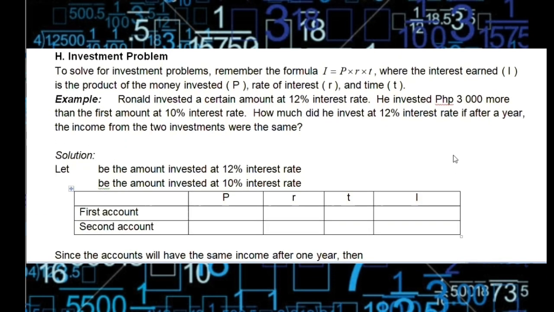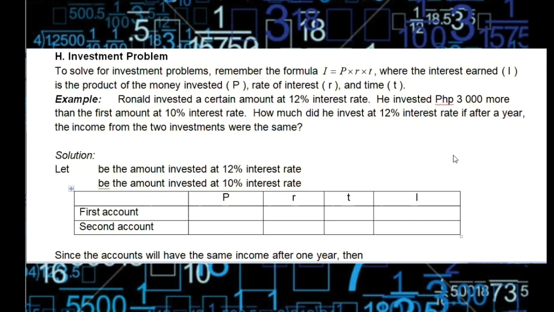Ronald invested a certain amount at 12% interest rate. He invested 3,000 pesos more than the first amount at 10% interest rate. So, how much did he invest at 12% interest rate if after a year, the income from the two investments were the same?